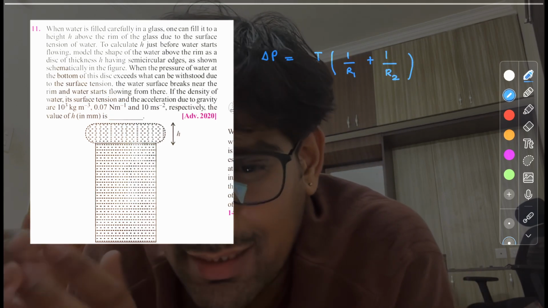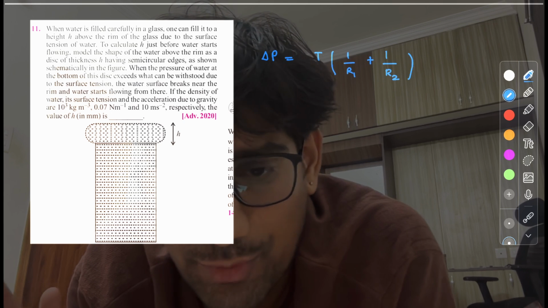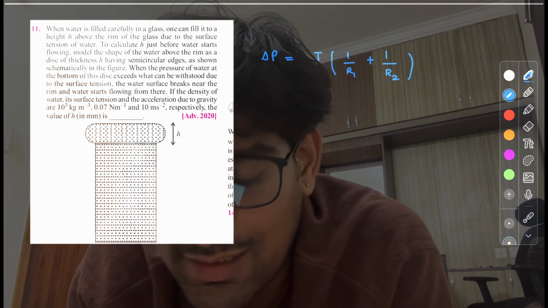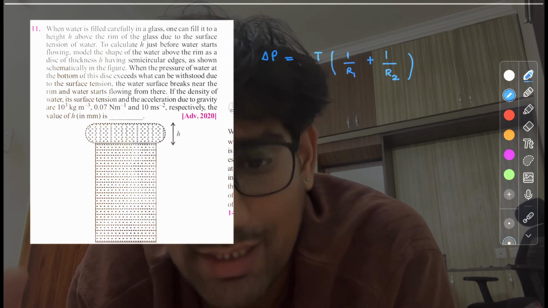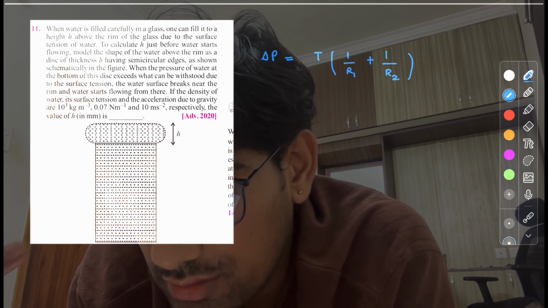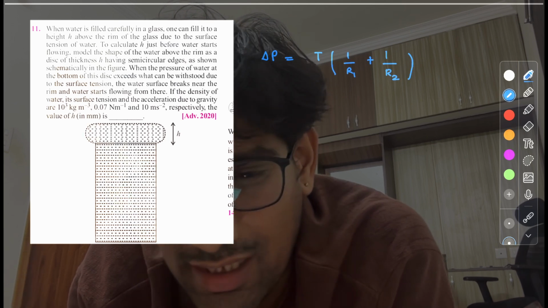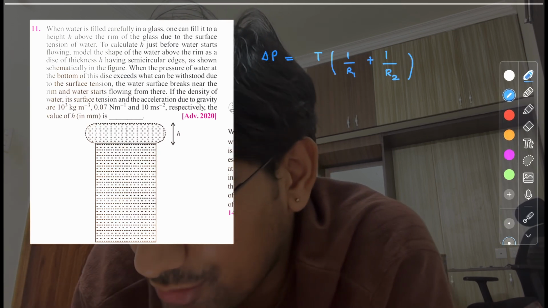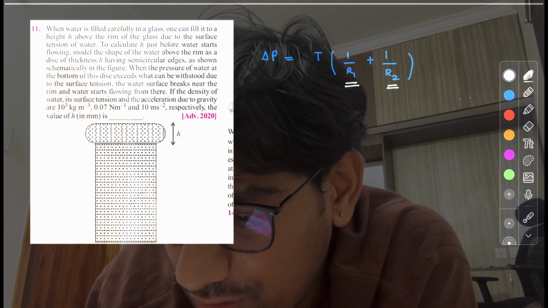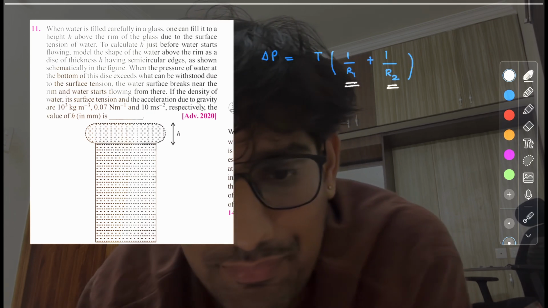We know that the pressure difference for a drop is 2T by R. Here we have T(1 by R1 plus 1 by R2). Now what are R1 and R2? They are the radii of curvature of the surface.